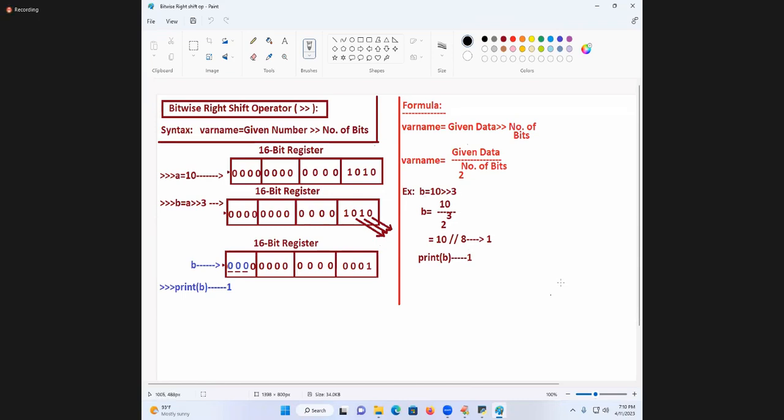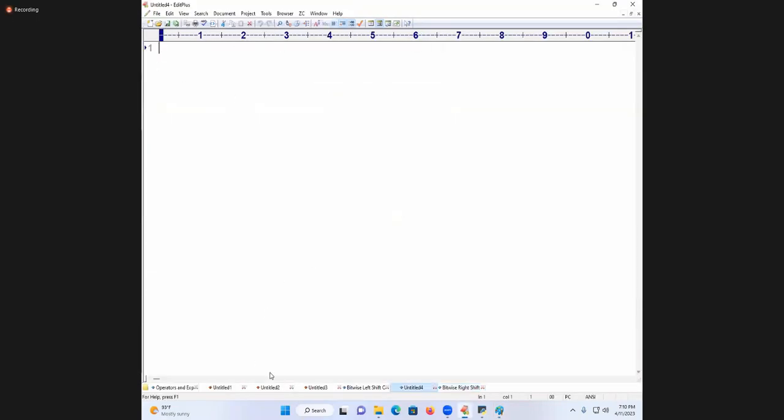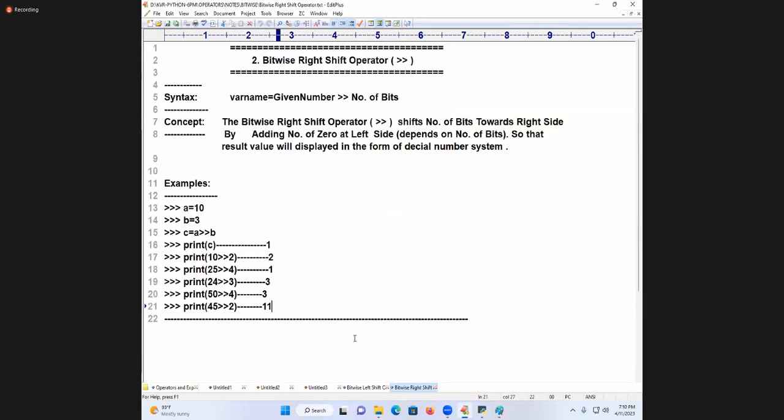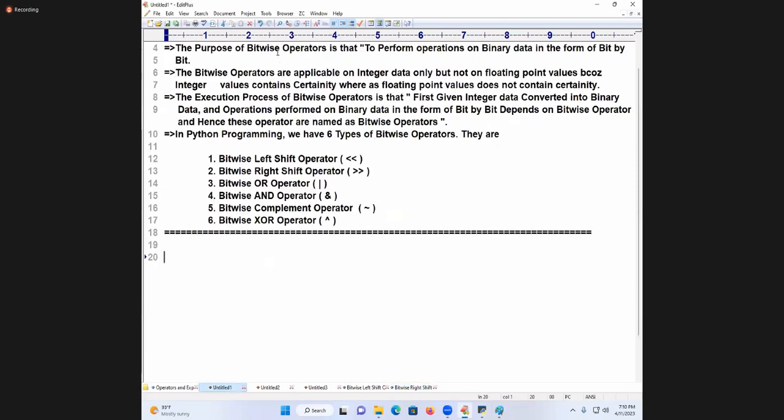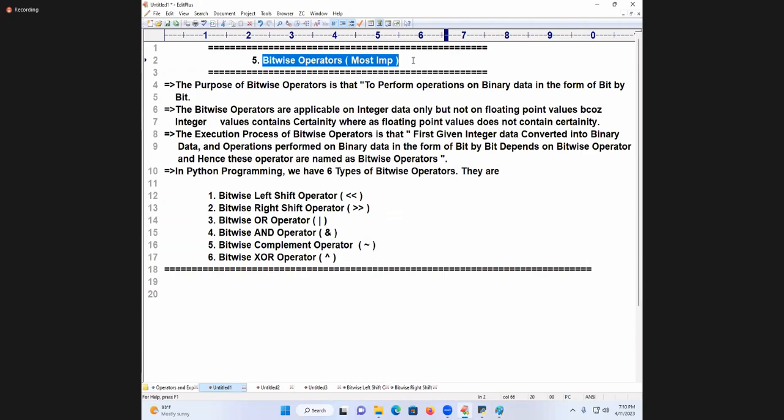Students in the online class, are you following, students? I hope you are following my concept. So this is called which operator? How many bitwise operators are there? 6. Can you spell out those 6 once again?